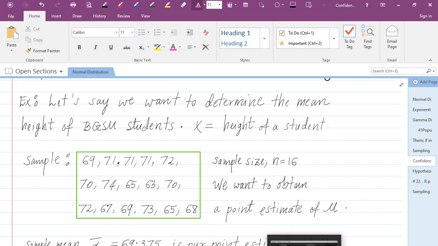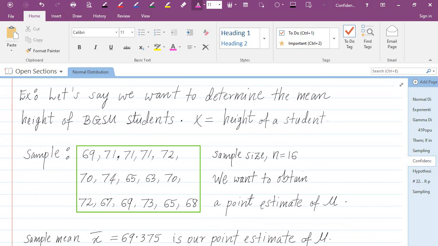To estimate the mean height of BGSU students, we take a sample of students and take the measurements of height for those students.